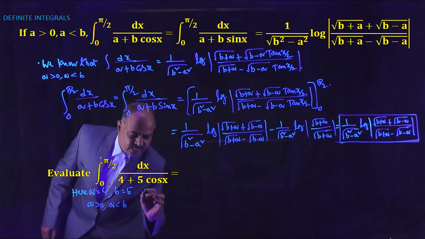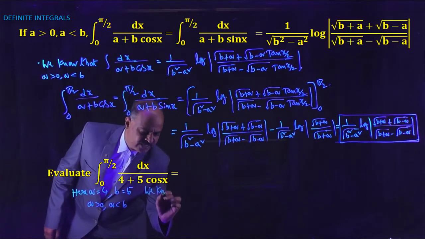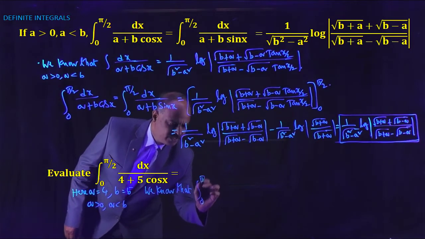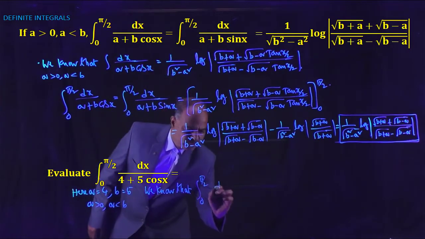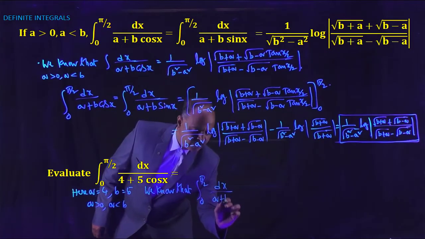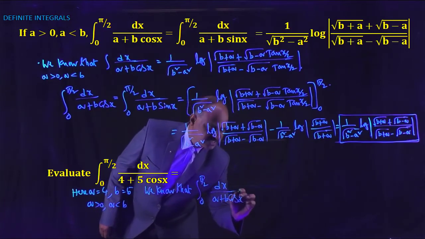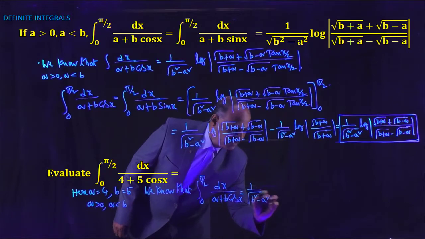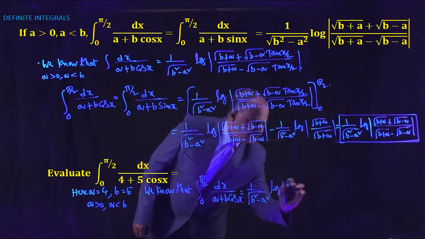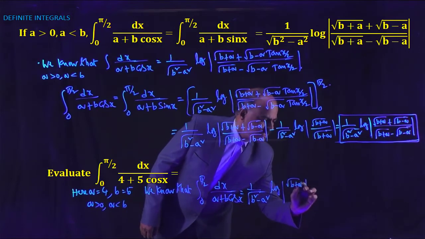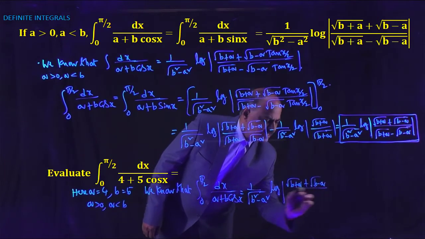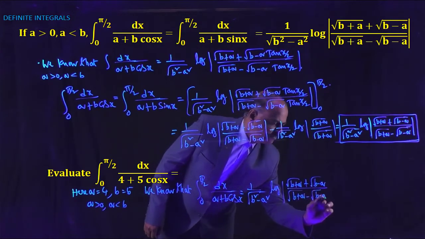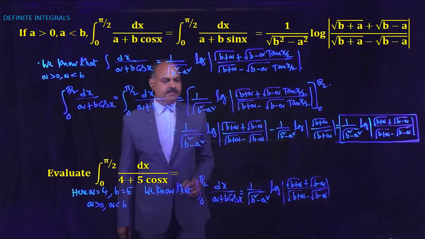We know that integral 0 to pi by 2 dx by a plus b cos x is equal to 1 by root over b square minus a square into log modulus of (square root of b plus a plus square root of b minus a) by (square root of b plus a minus square root of b minus a).